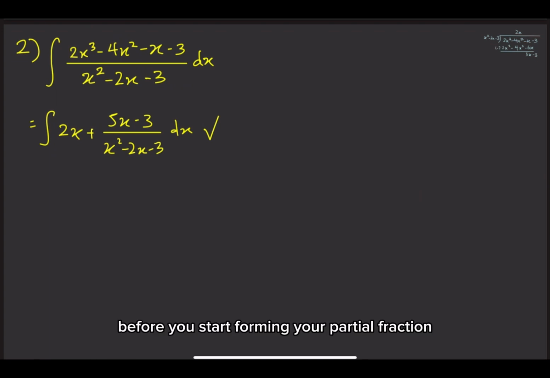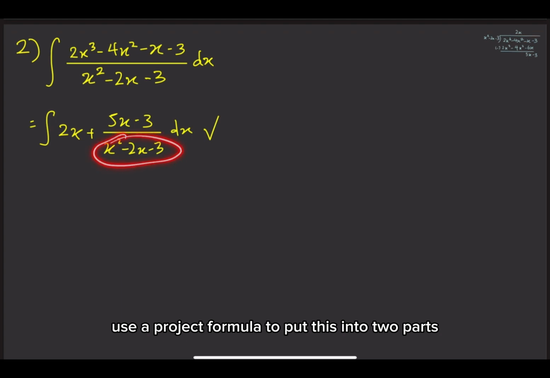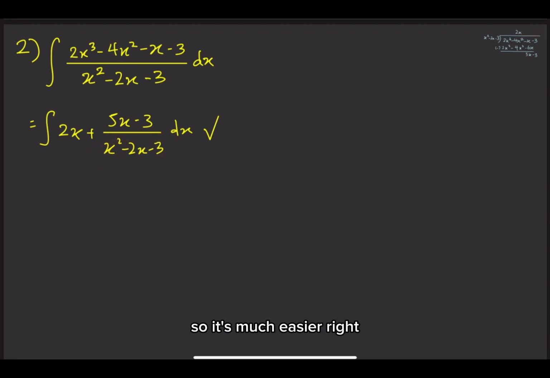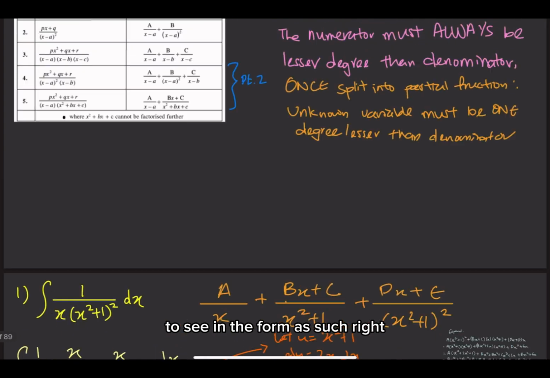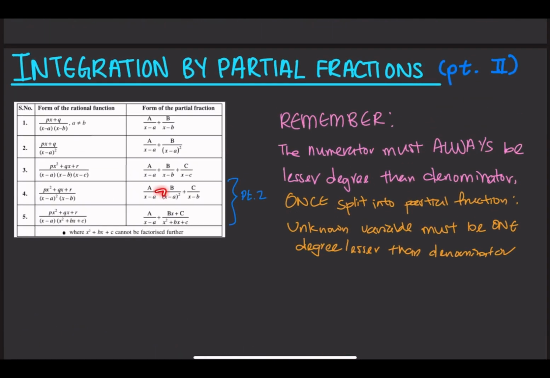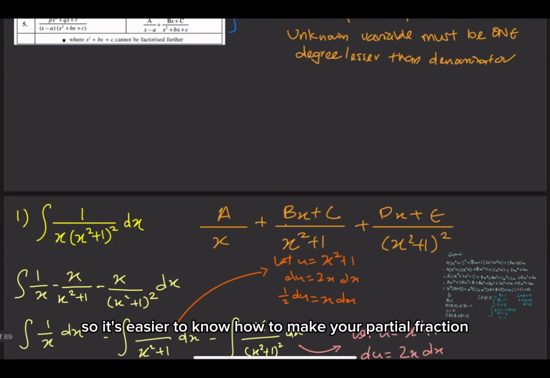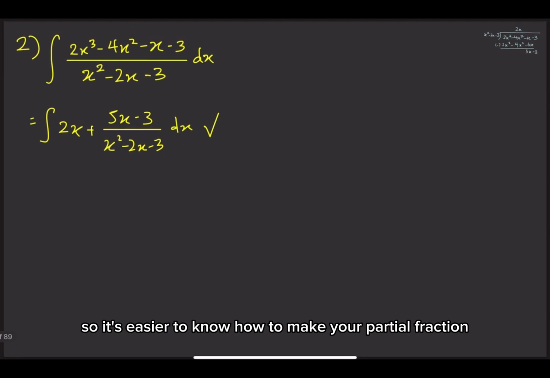Before that, use the quadratic formula to split the denominator into two factors, so it's easier to see how to make your partial fraction.